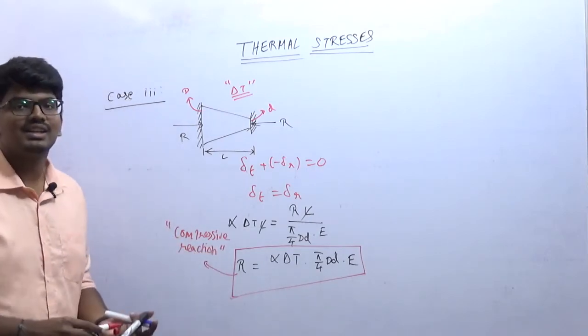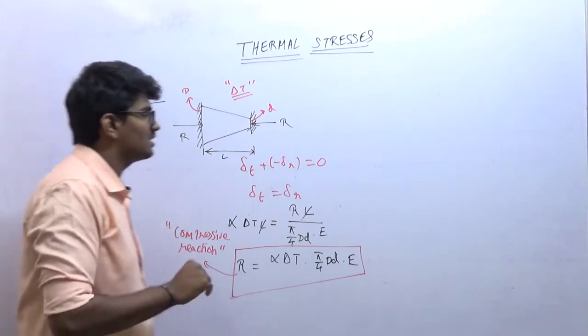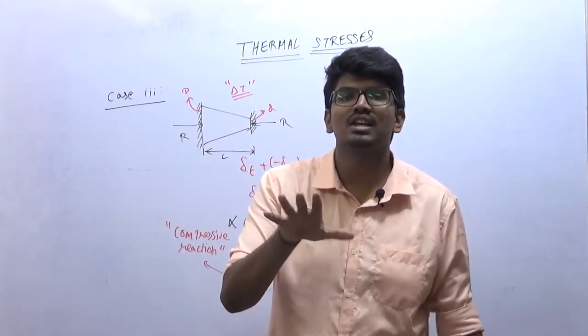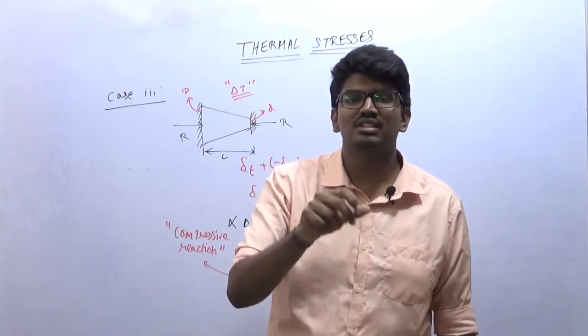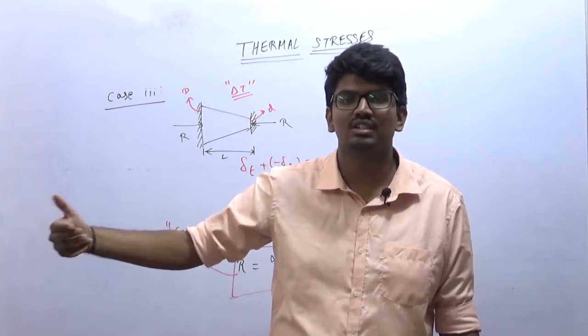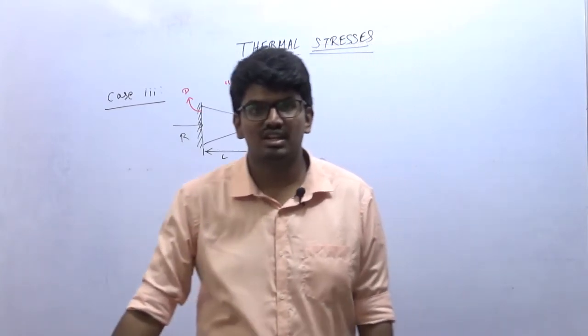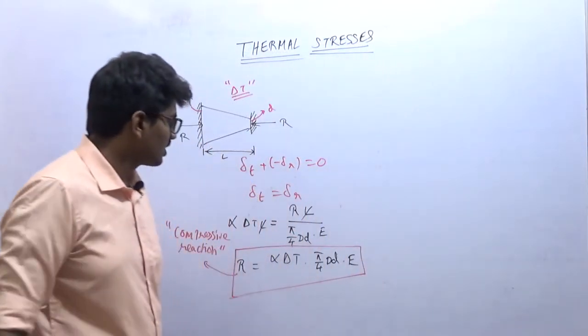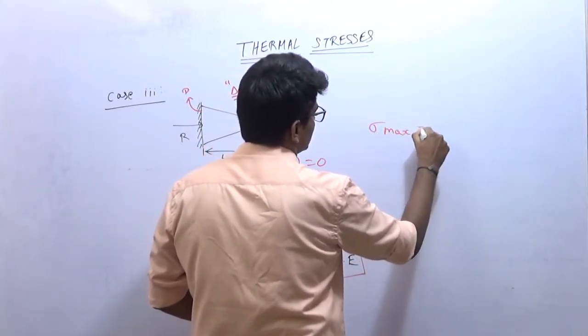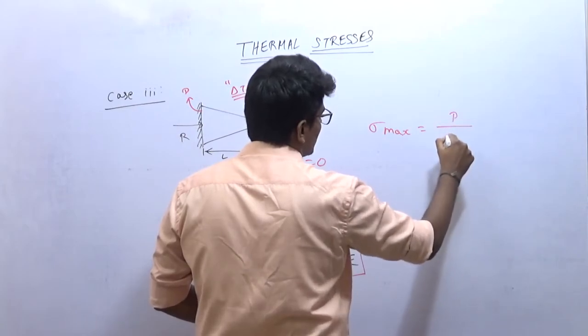Now, if I want to find stress, in general, if I want to design something, I need to take the maximum stress only. I need to check where the maximum stress is acting, as that is our critical section, as we already discussed in the first chapter when discussing the stress strain diagram. Stress is nothing but load by area.